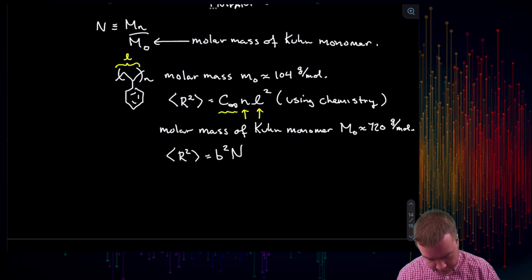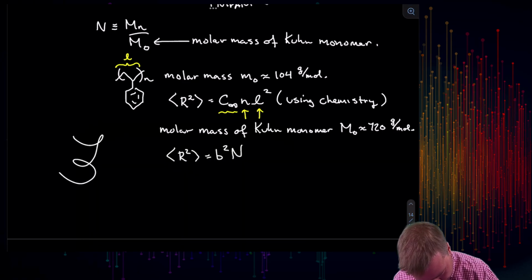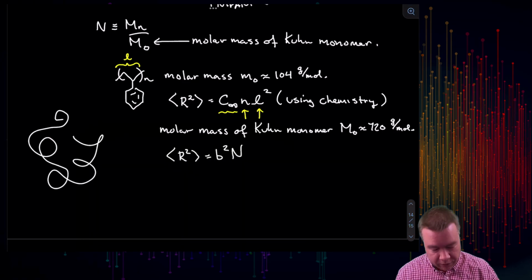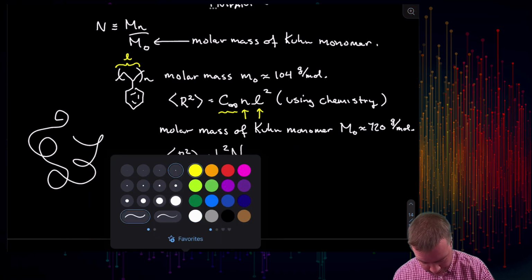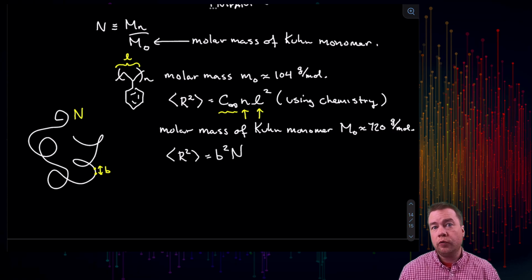In contrast, when we have the equivalent freely joined chain, it looks something like this. And it has capital N Kuhn segments and a bond length, somewhere in here, of B, or the Kuhn length.